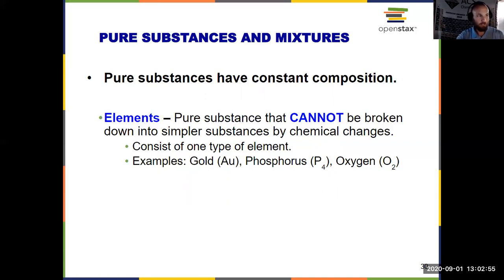So it could be something like gold, where there's just one of them. Could be phosphorus. We just saw that has 4 atoms in a molecule, or oxygen, 2 atoms in a molecule, but it's just one element. So elements can be atoms or molecules, but they're pure, and we can't do any sort of chemical change to simplify them further. Okay. Hopefully that makes sense.